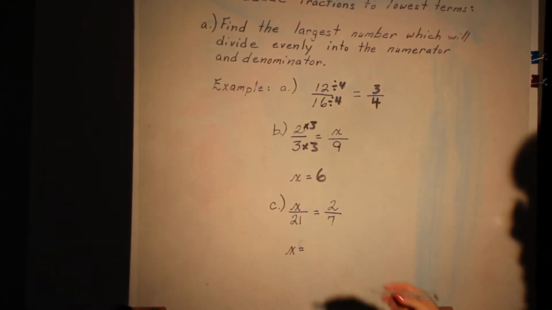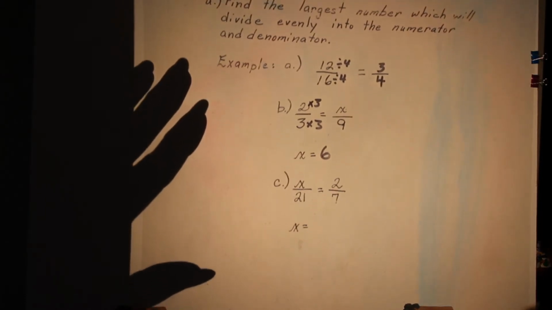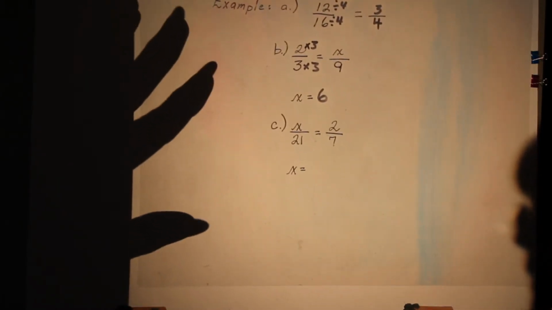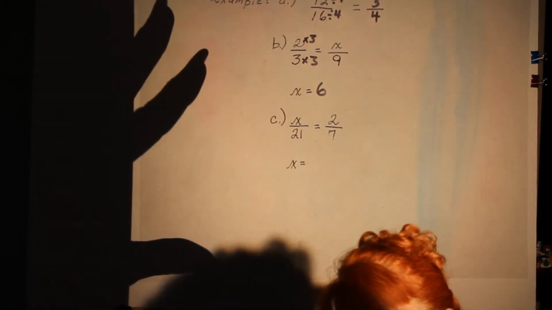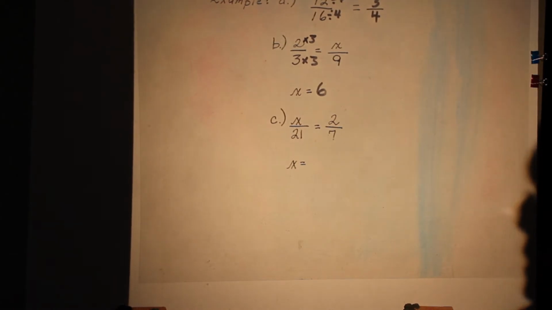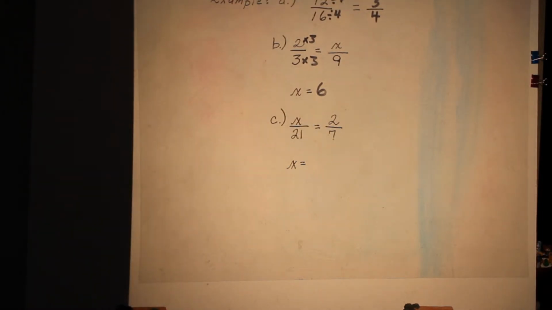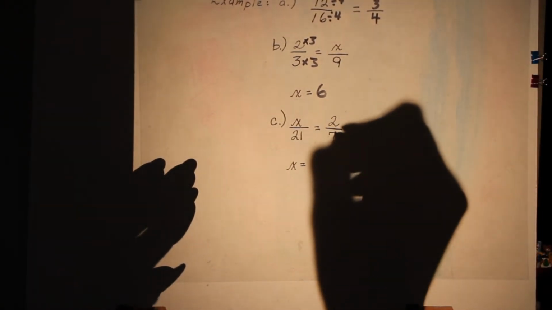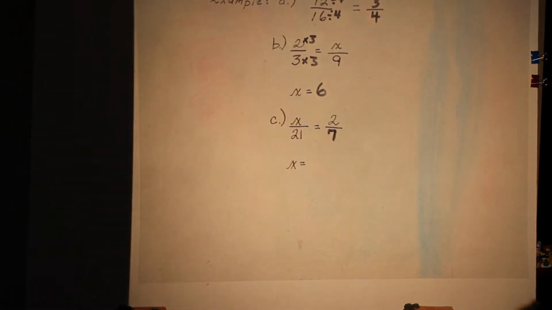So x over 21, this is our third example. Make sure you can see that on the screen. Yes. X over 21 equals 2 over 7. What does x equal? Alright, so I have the larger number on the other side this time.